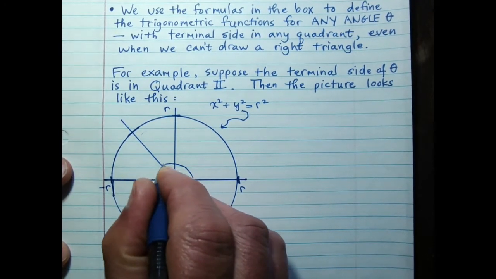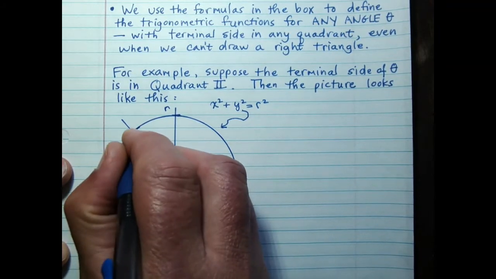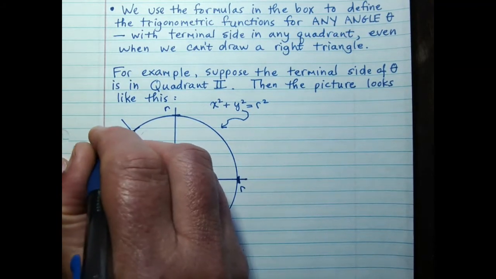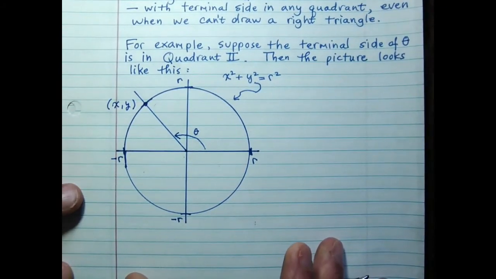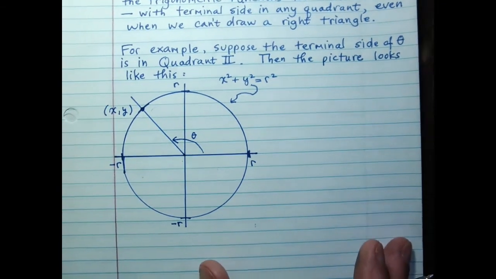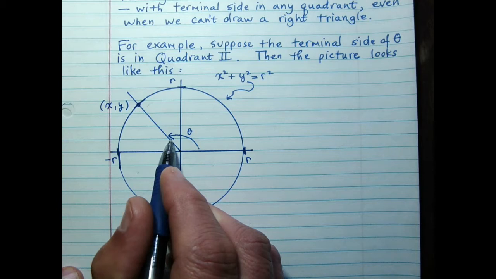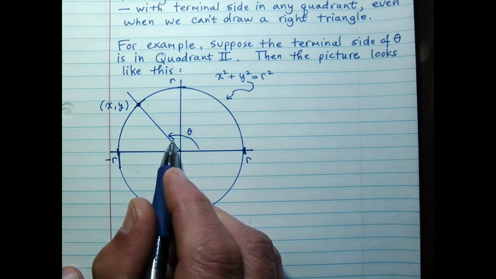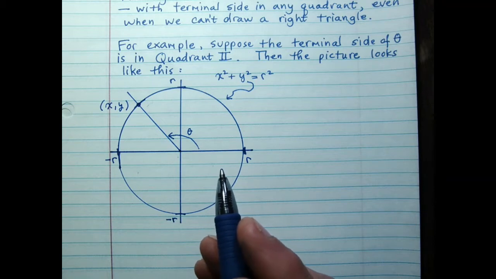So here's my angle theta, so that's greater than 90 degrees. We have the point (x, y), where the terminal side intersects the circle of radius r. And now there's no right triangle because theta is greater than 90 degrees. A right triangle cannot have an angle that's greater than 90 degrees.